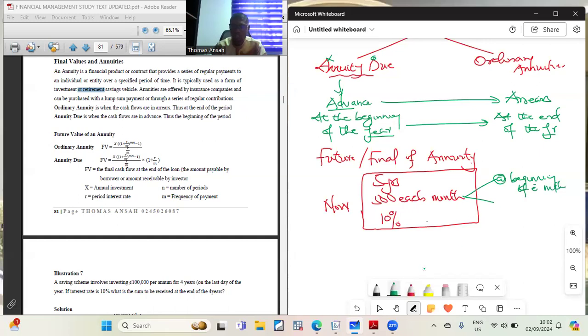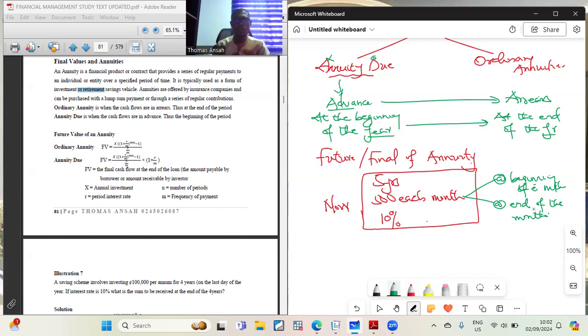Or I'm depositing this 500 cedis at the end of the month? So that is something you always must look out for in the question. Is the money that I am depositing at the beginning or at the end of the month? So you need to look out for that.